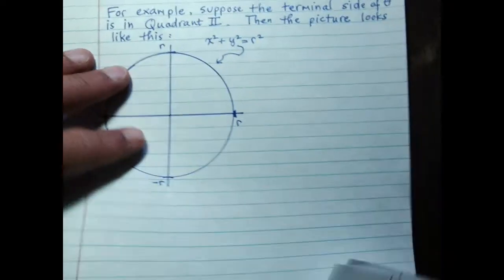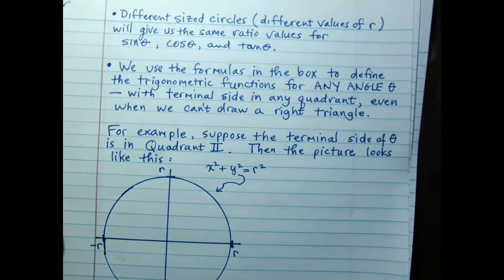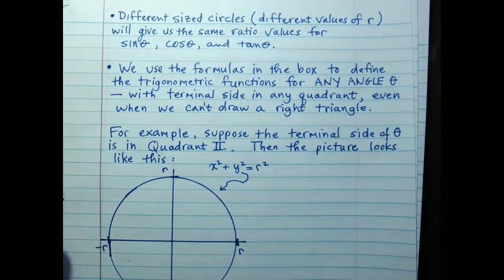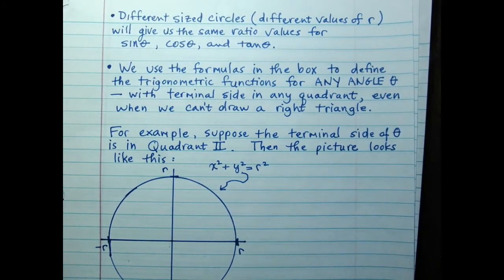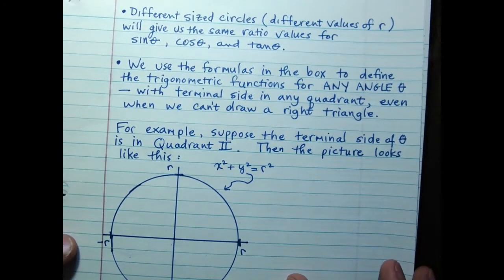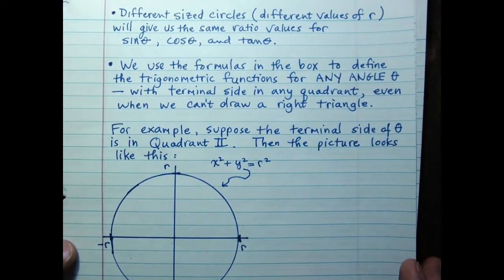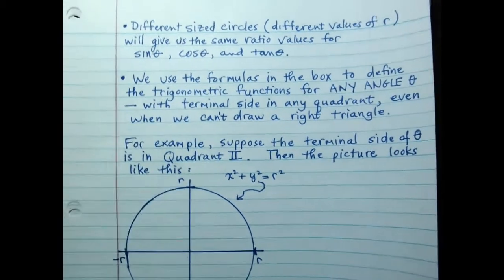So we're going to shuffle the pages a bit and move on to my next page here. One thing I want to point out, we will see this as we go through different kinds of problems, but different size circles, so different values of r, will give us the same ratio values for sine theta, cosine theta, and tan theta.